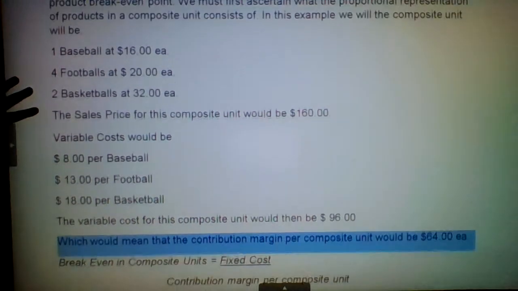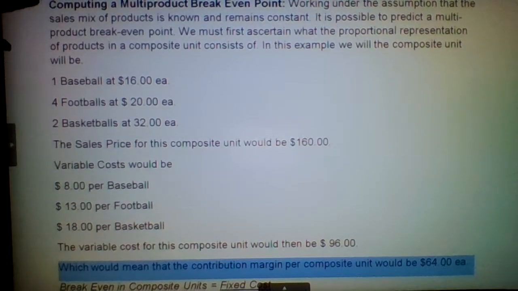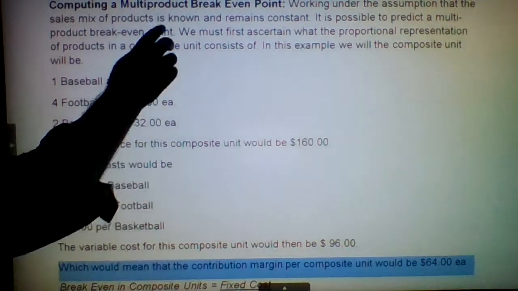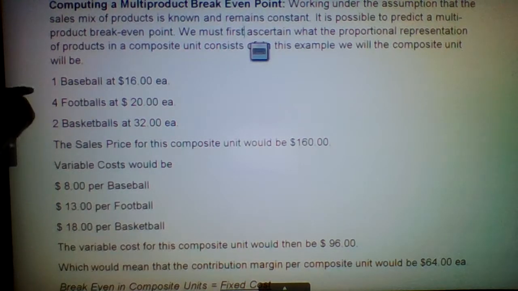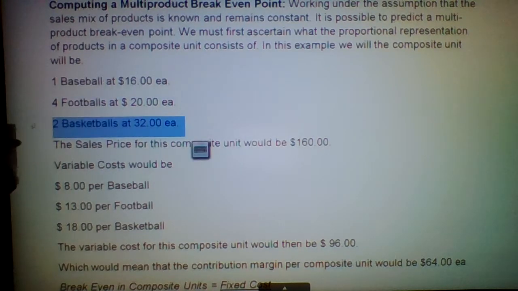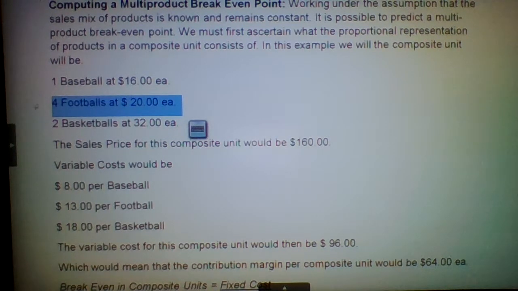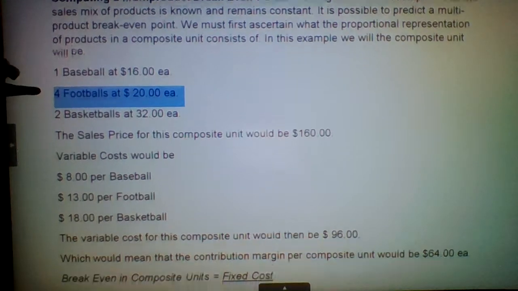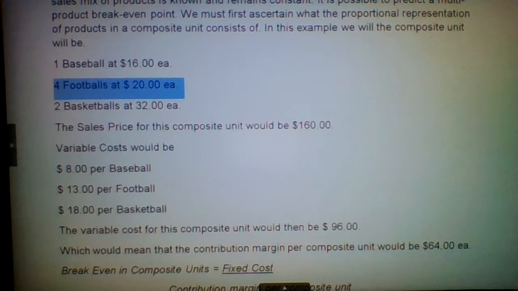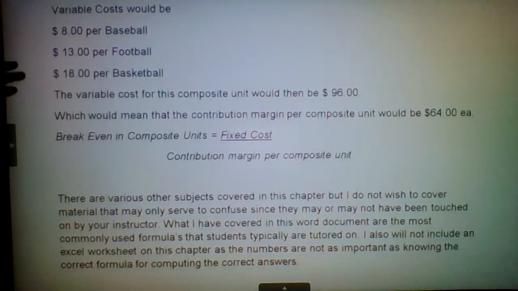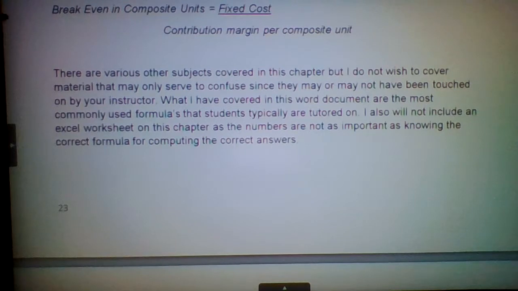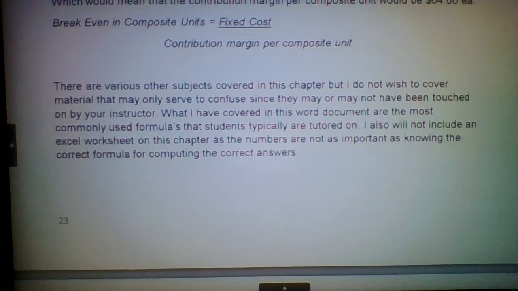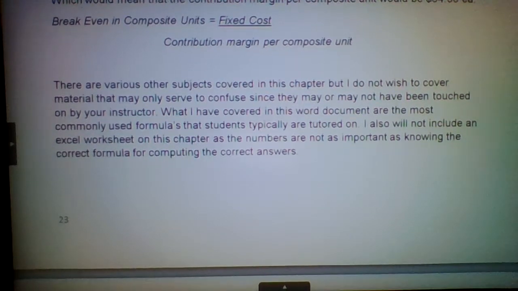And again, this operates off of the assumption that the sales mix of products is known and that it remains constant. So that means this stays the same every time they make sales. These ratios stay the same and they don't change. Otherwise, you would have to recompute your composite unit. So we know that the contribution margin for this composite unit would be $64 each.